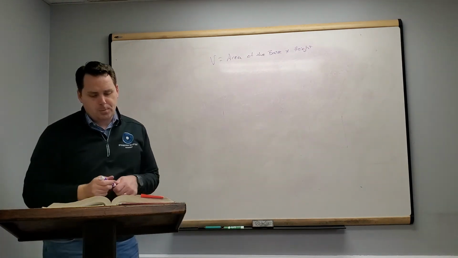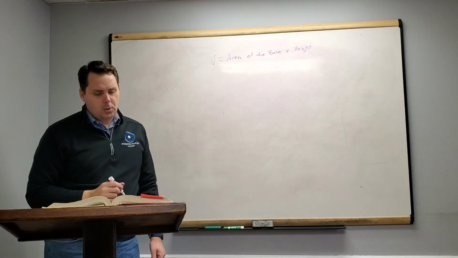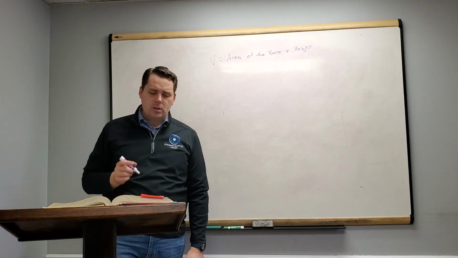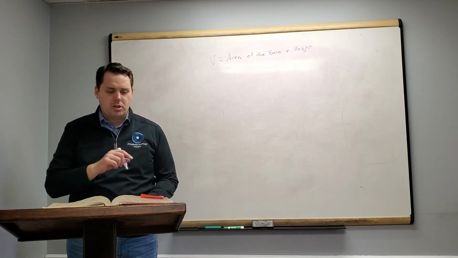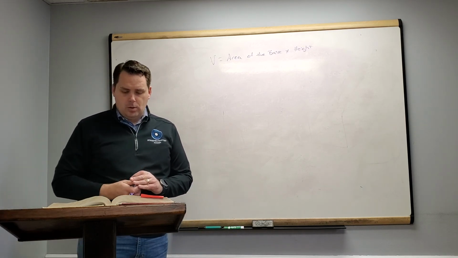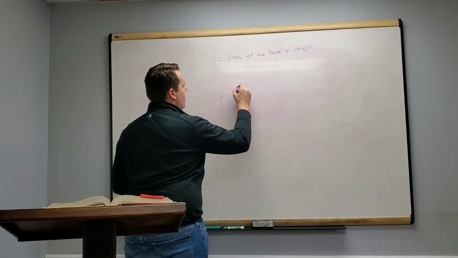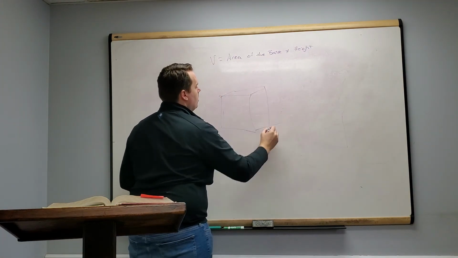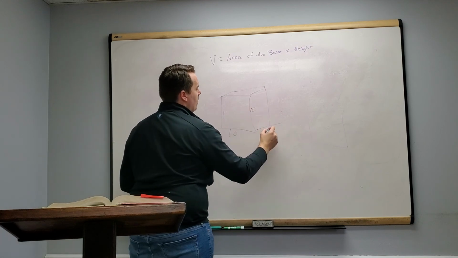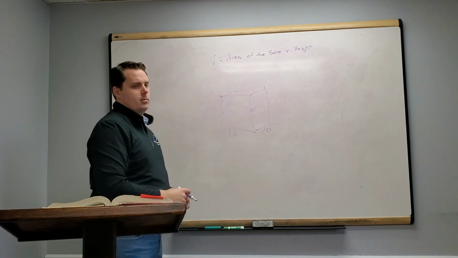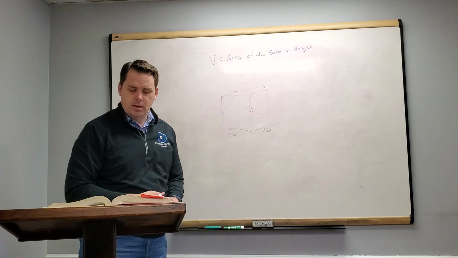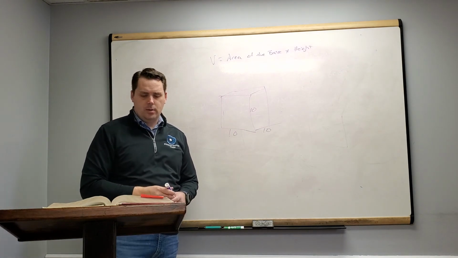Okay, let's take a look at letter B. This one's pretty simple. Find the number of 1 centimeter cubes that can be placed inside of a box with dimensions as illustrated. Alright, so my dimensions, it's a box. A nice, simple box. And it's 10 by 10 by 10. 10 times 10 is 100, times 10 is, you guessed it, 1,000.